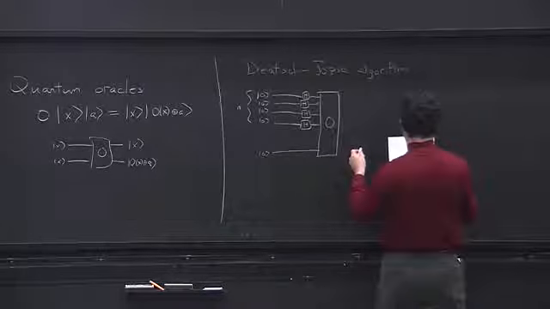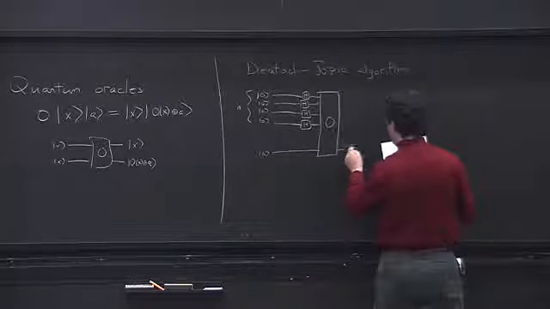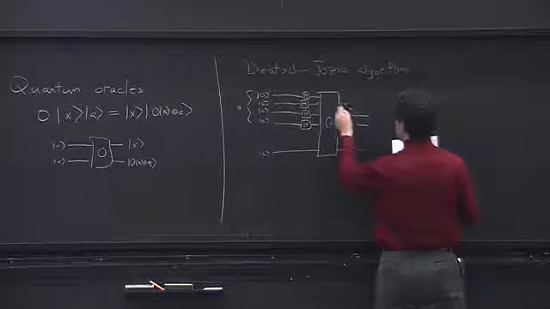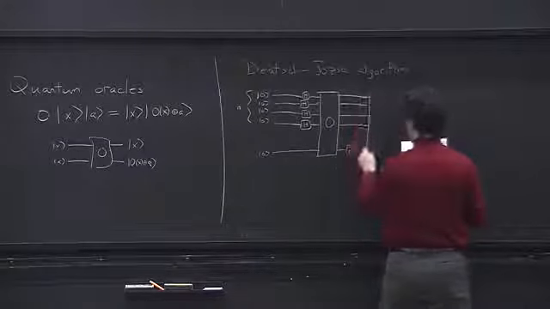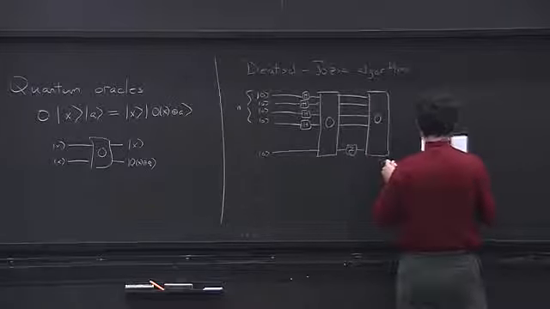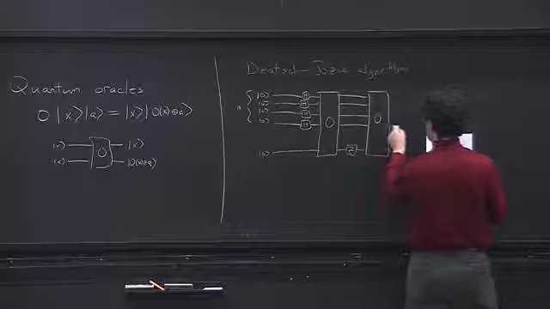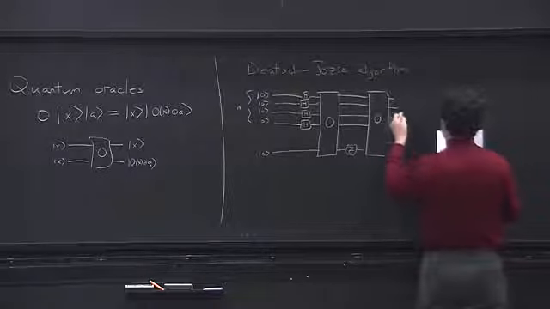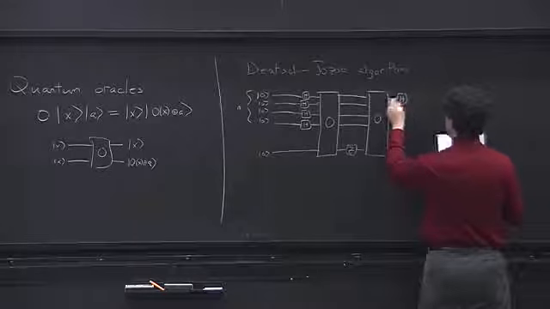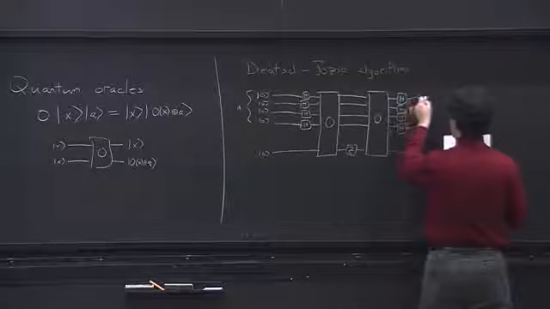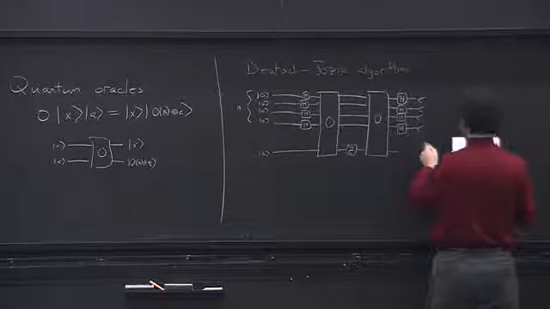Then we do a Z down here, and we do another oracle call. And then we do Hadamard again up here, and then we measure these.